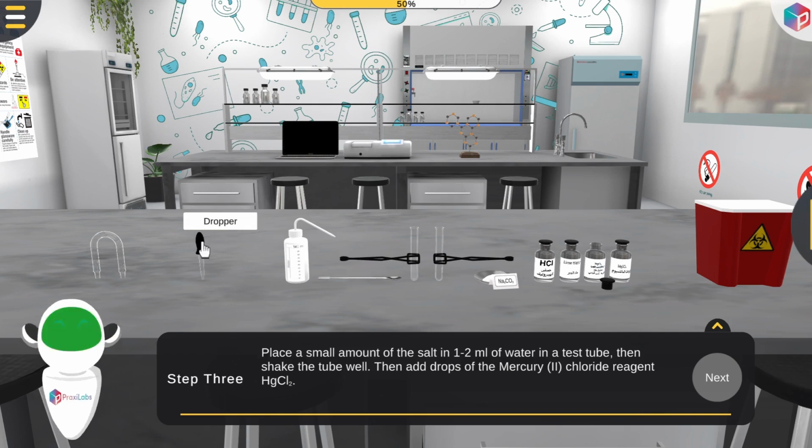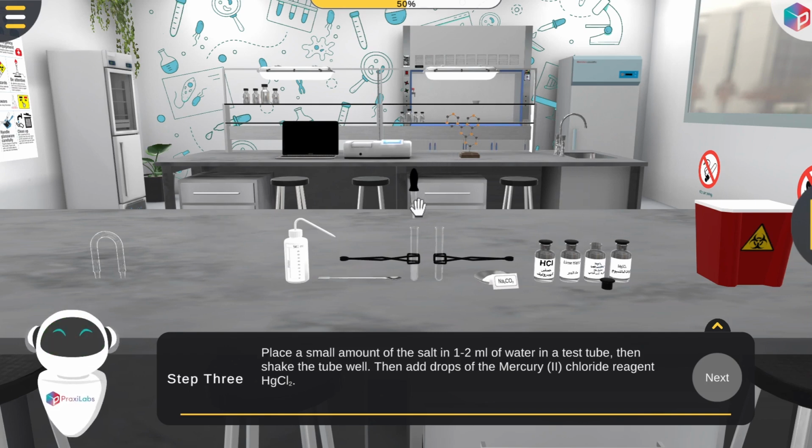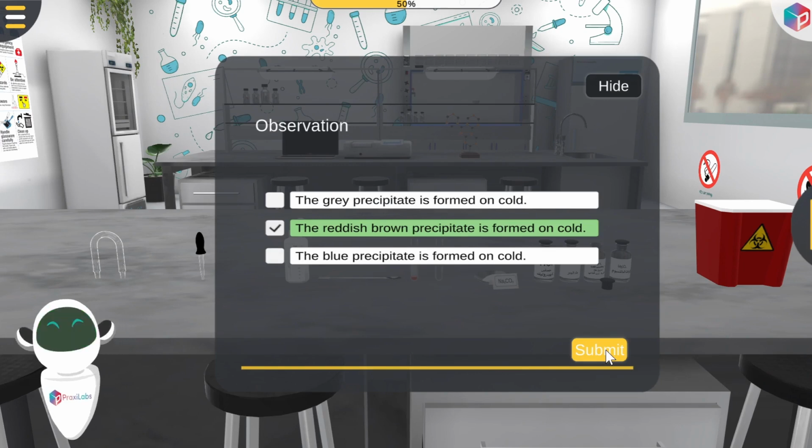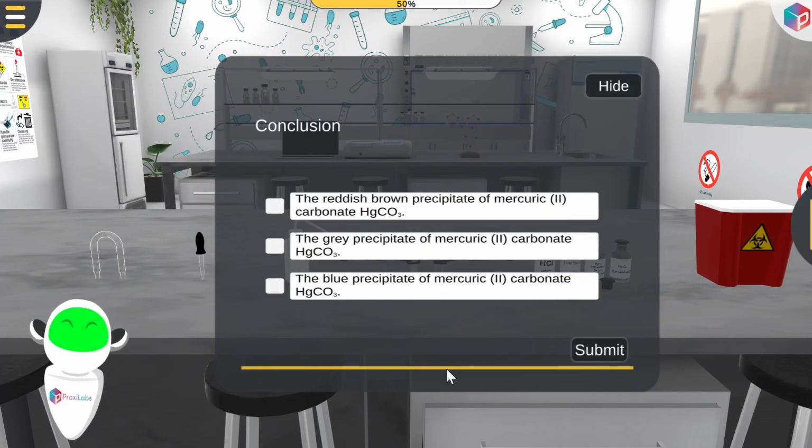Add drops of mercury dichloride reagent. Observation: a reddish-brown precipitate forms when cold. Conclusion: the reddish-brown precipitate of mercuric carbonate is present.